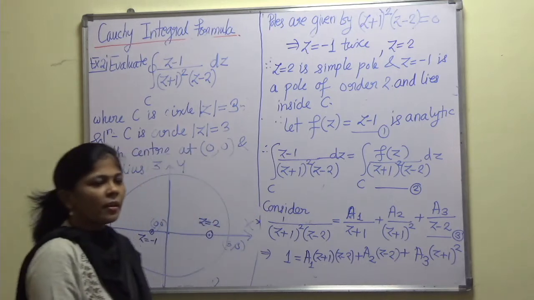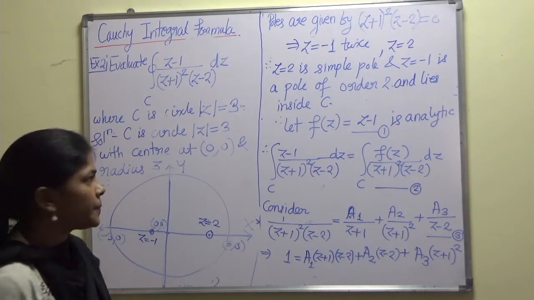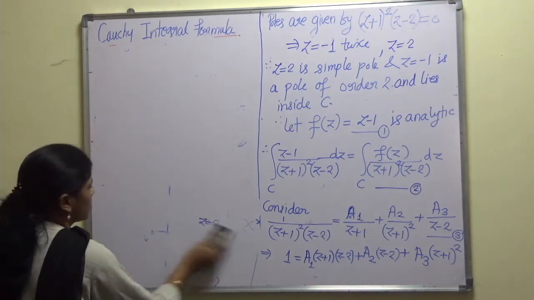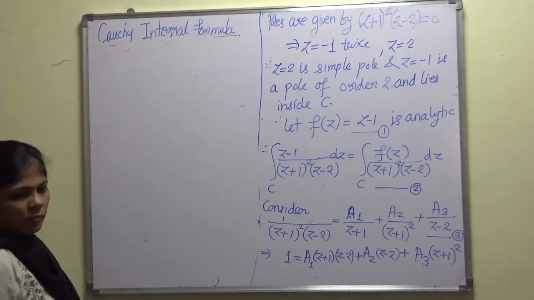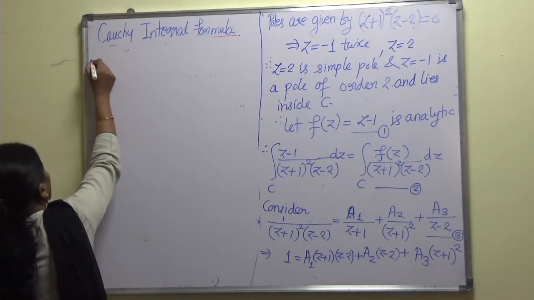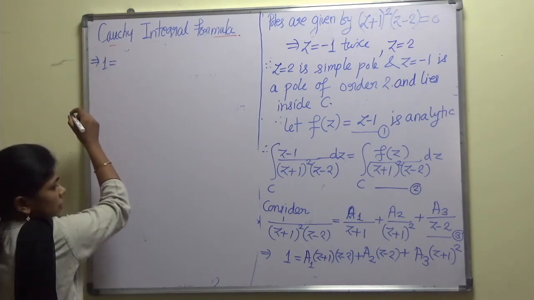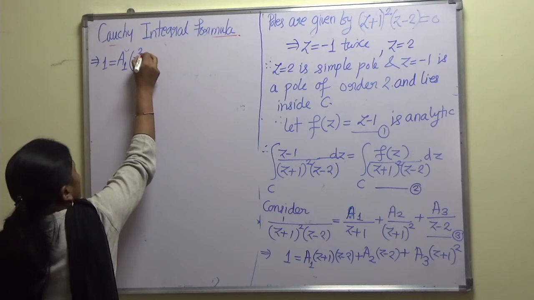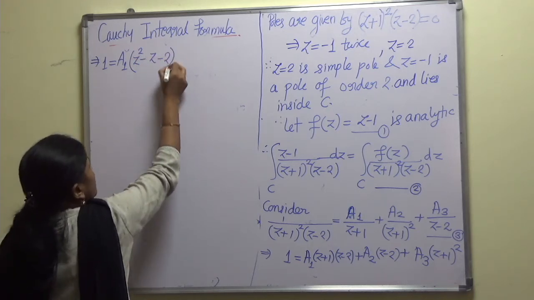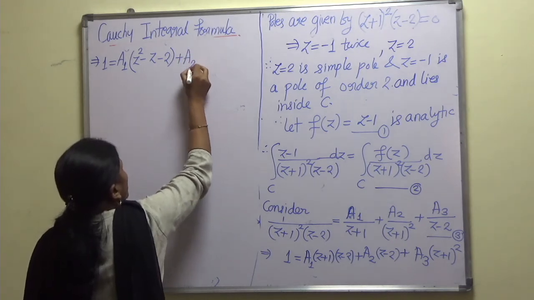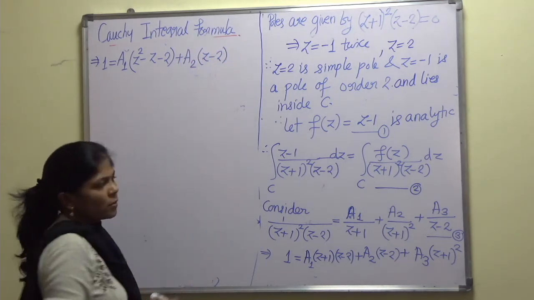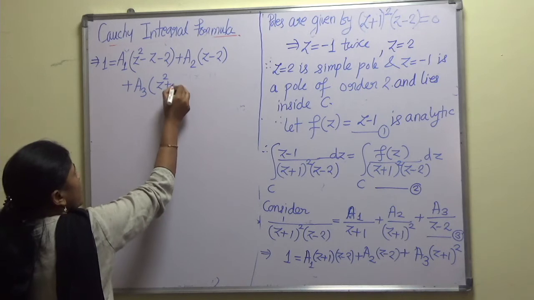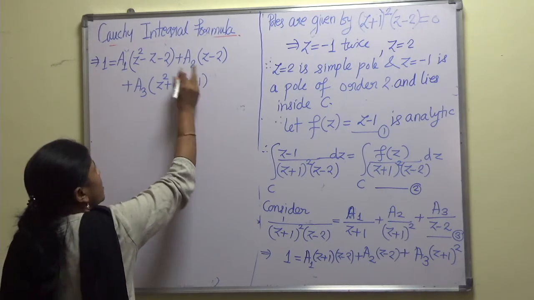Let us simplify. Open the bracket and simplify. So what we have is, this implies 1 is equal to, open all the brackets, so we have a1 into z square minus z minus 2, then a2 into z minus 2 plus a3 into z square plus 2z plus 1.